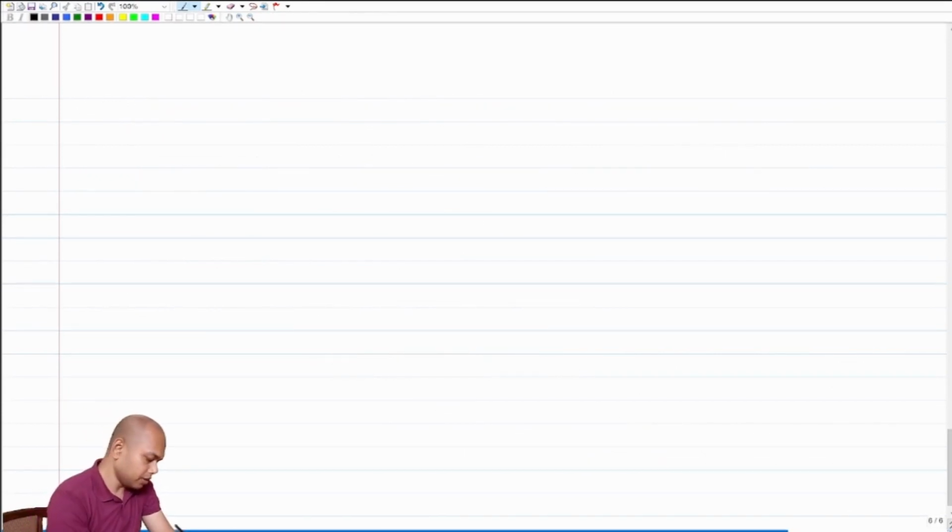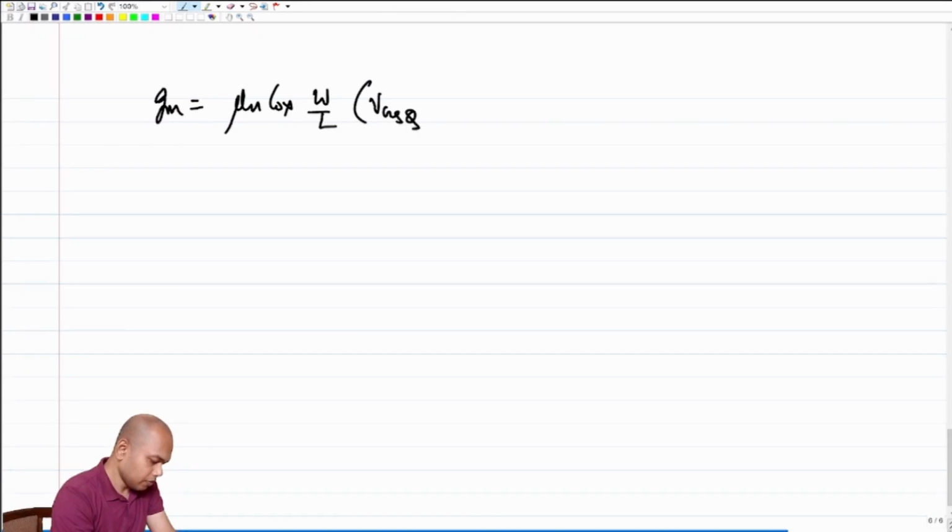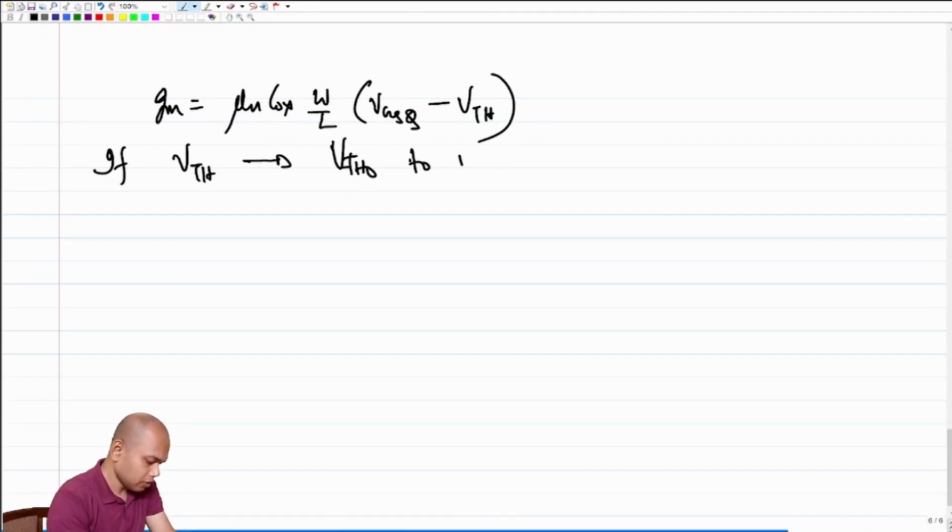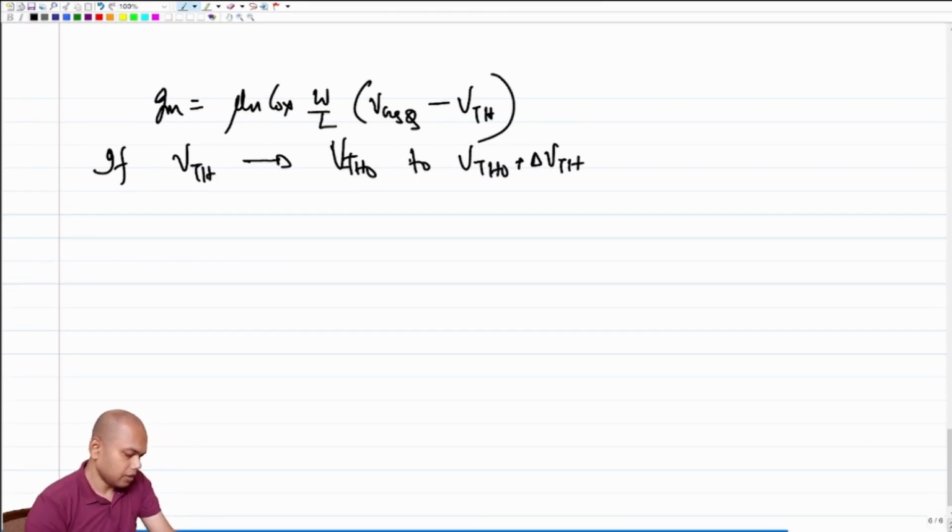Similarly, what will be your change in Gm if the threshold voltage changes? Again, let's write down the Gm expression. Gm is mu n Cox W over L times VGSQ minus threshold voltage. If threshold voltage changes from some nominal VTH 0 to VTH 0 plus delta VTH, what will be the change in Gm?